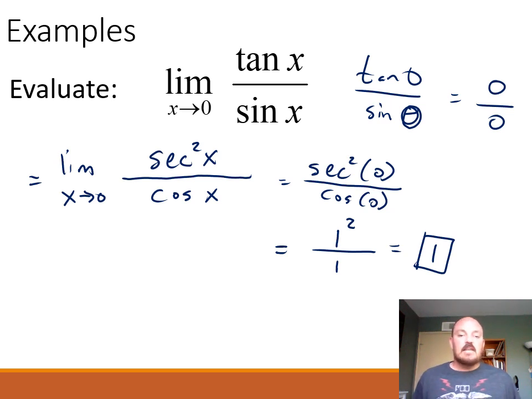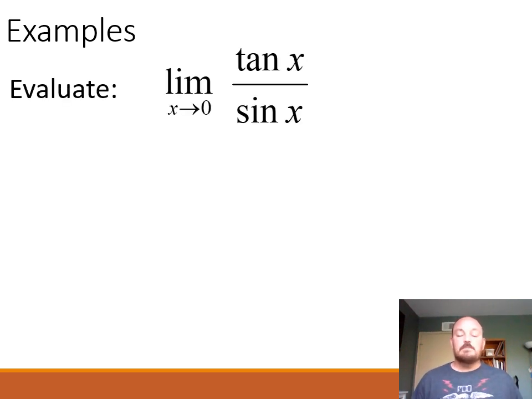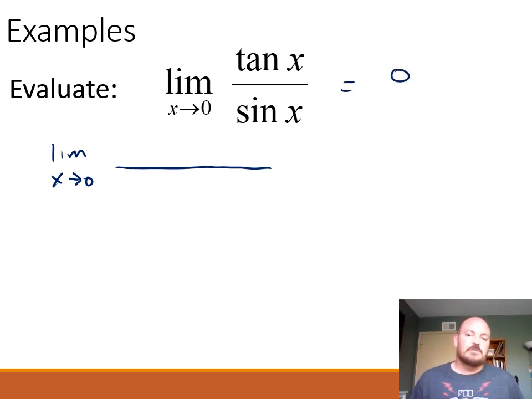All right, I did say I want to show you this example 2 different ways though. So if we go back to the beginning, another way would be more like what we did last chapter using identities. Let's say I tried direct substitution. We always do that first. I got my 0 over 0.